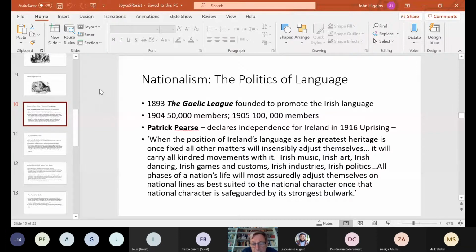All phases of a nation's life will most assuredly adjust themselves on national lines as best suited to the national character, once that national character is safeguarded by its strongest bulwark, the Irish language." So Irish centrism is what was promoted in this politics of modernism focused on the Irish language.